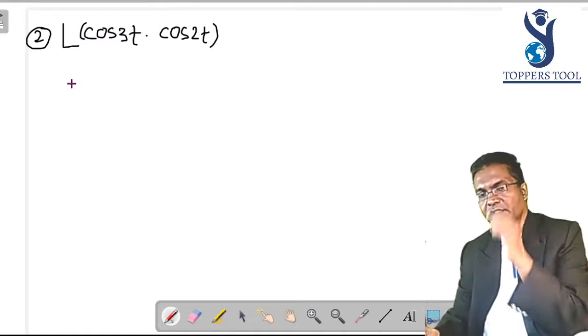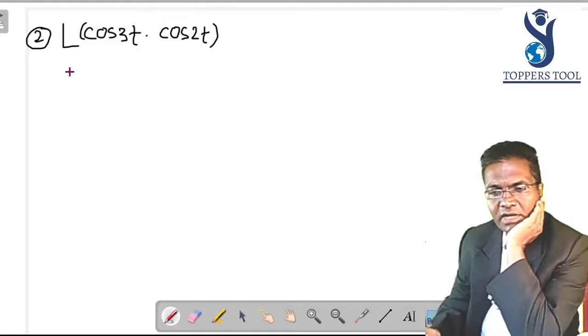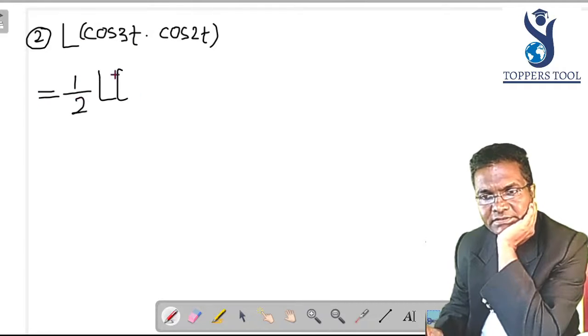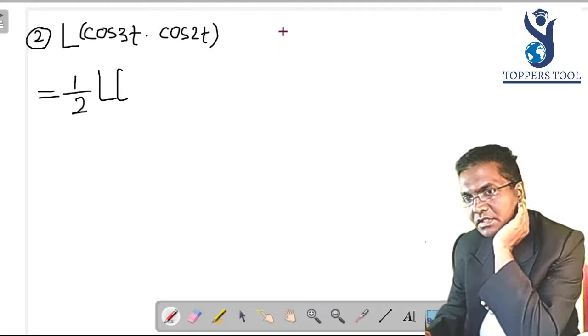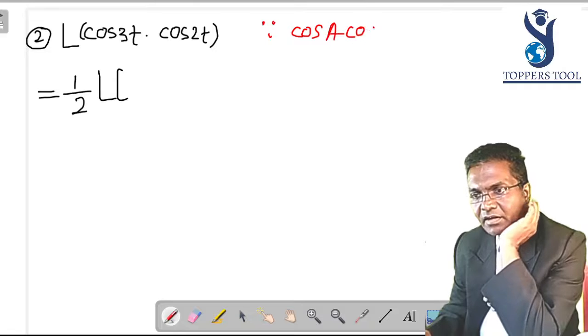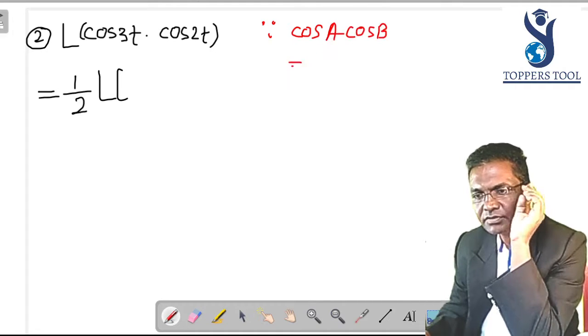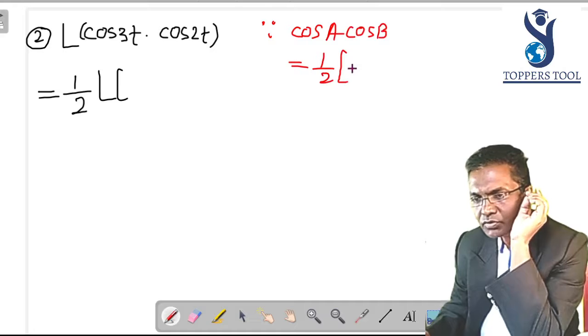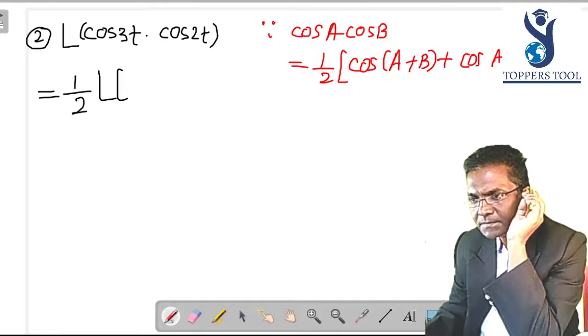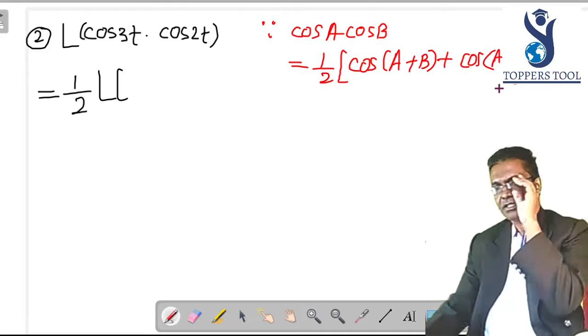Again you need the transformation formula converting product into sum. So let me write that. cos A cos B is equal to 1 by 2 times cos of A plus B plus cos of A minus B. Remember this.